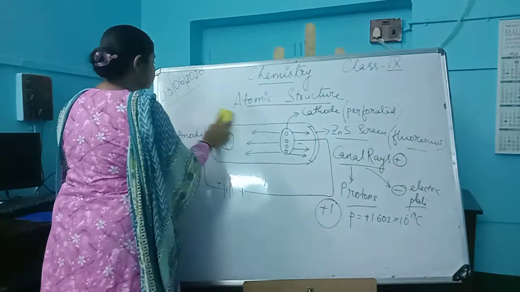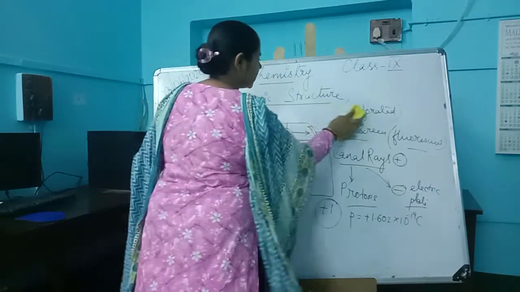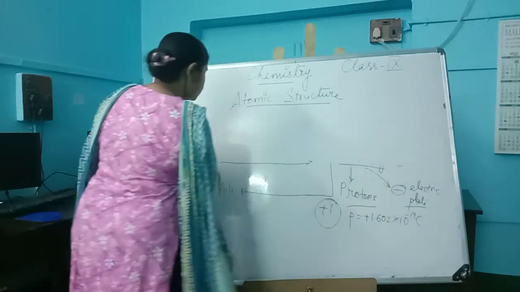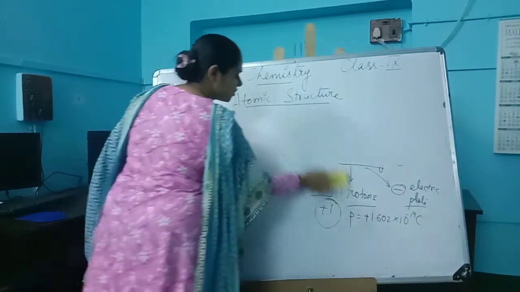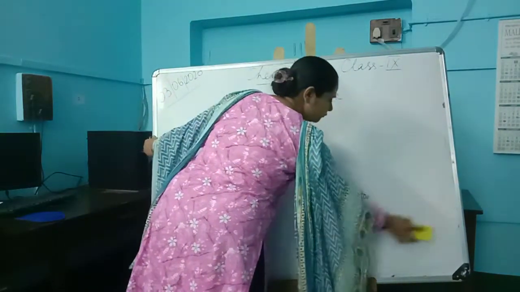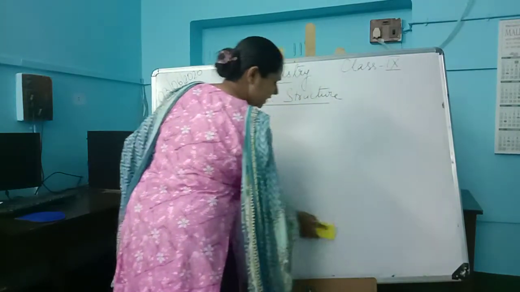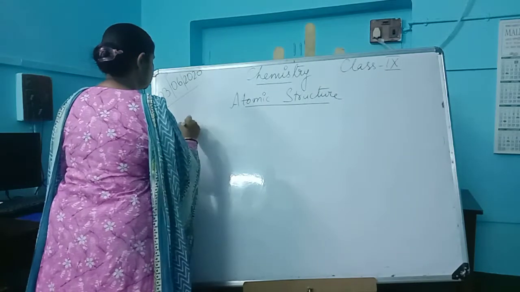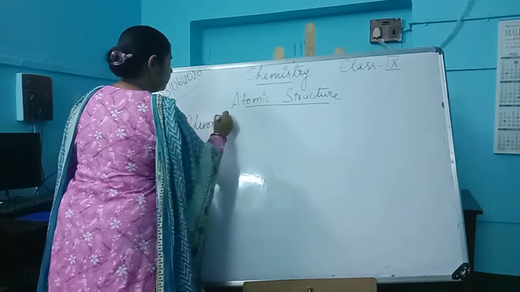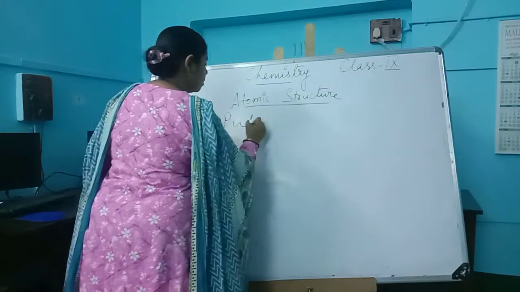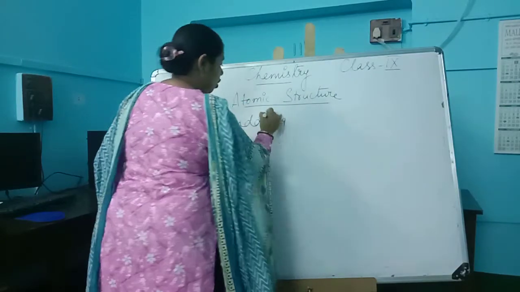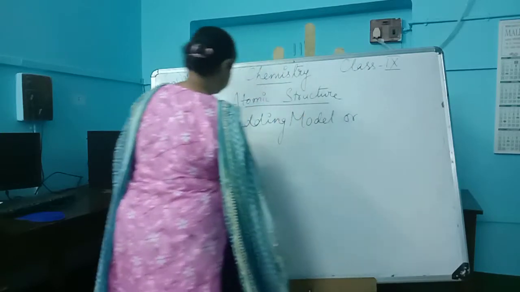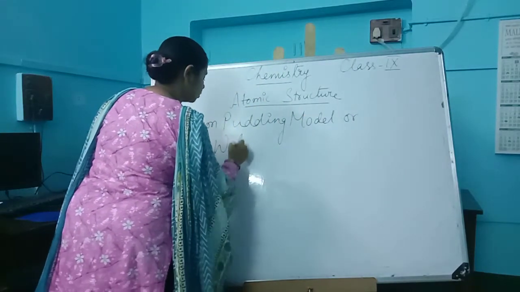Now, once these electrons and protons were discovered, Sir J.J. Thomson proposed the structure of an atom, which we call the plum pudding model, or the watermelon model.